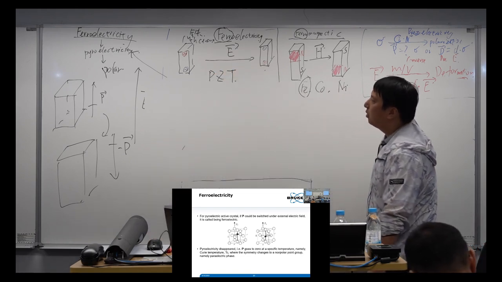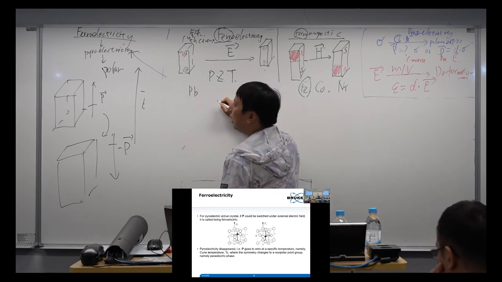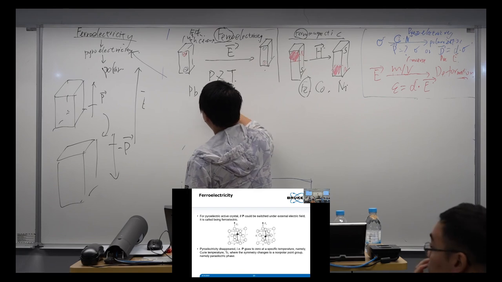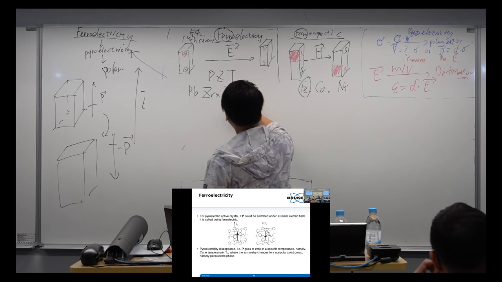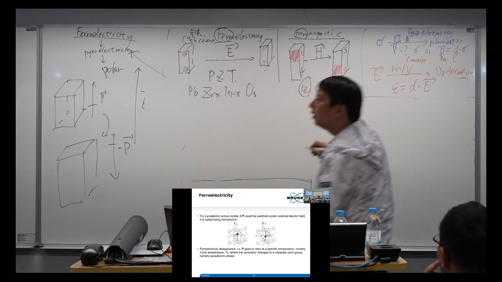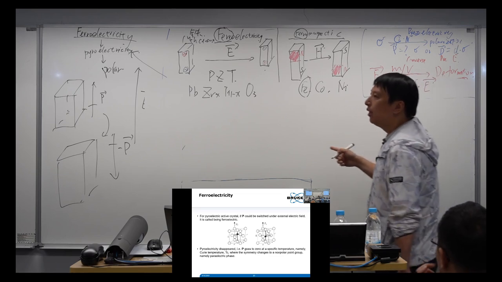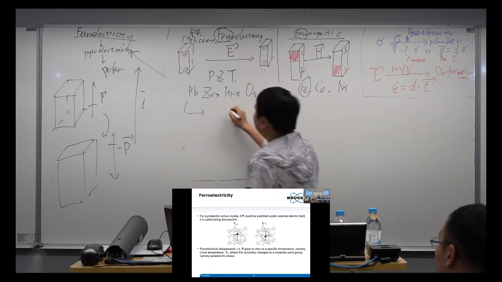The full name of PZT should be lead zirconate titanate, Pb(Zr,Ti)1-xO3. Its crystal structure is the same as the famous perovskite.